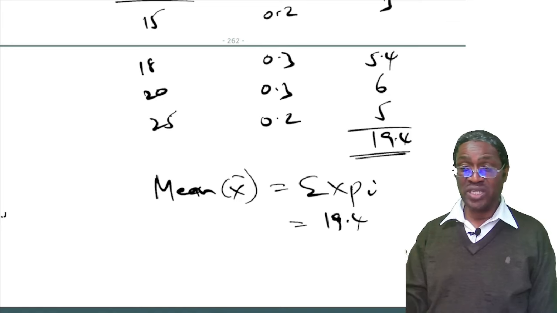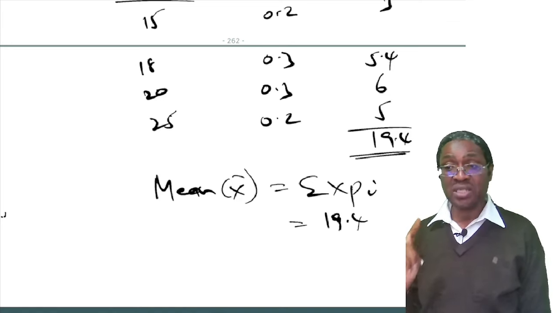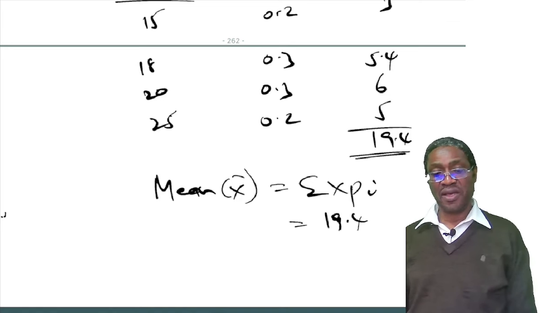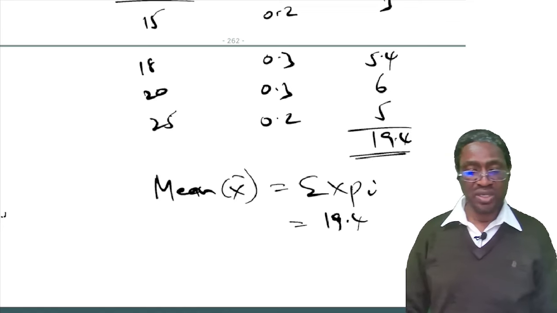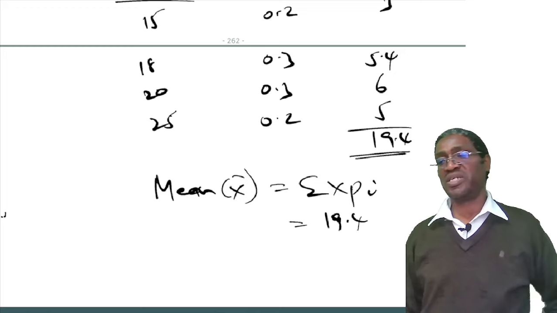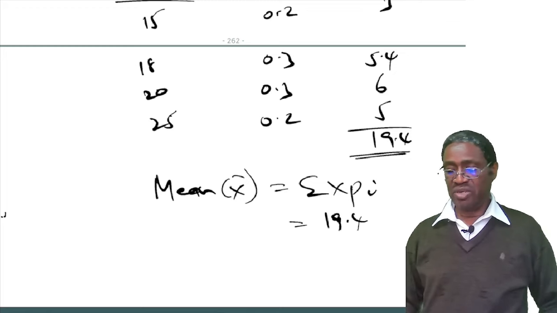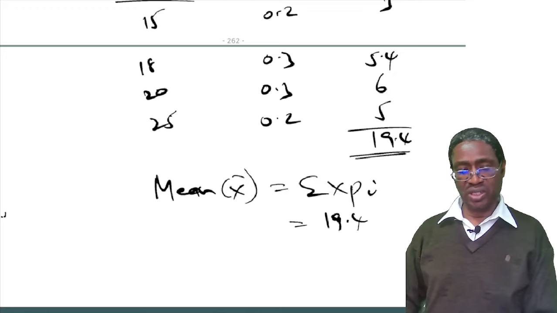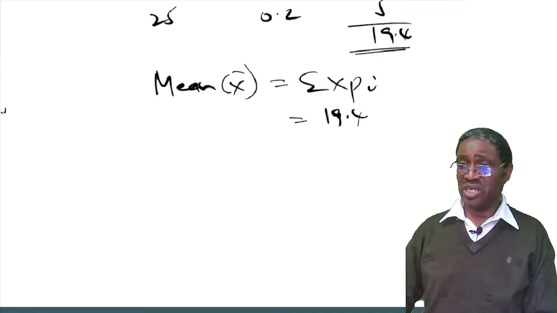That's what we call the sum of the squared deviations. This time, you multiply by pi, the probability. Good. Let me just explain first.